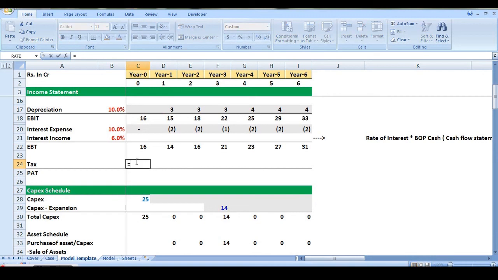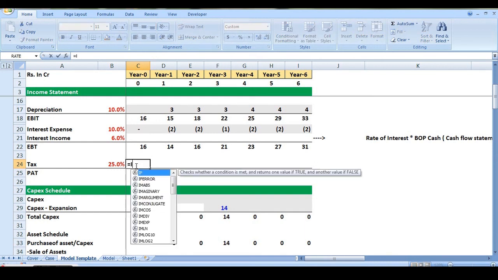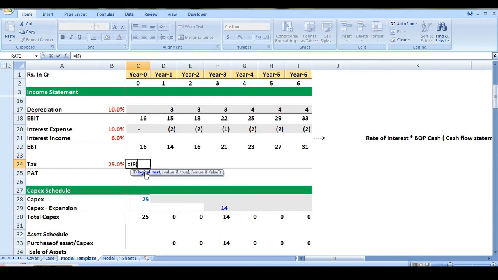And now we calculate tax. Whenever you are calculating tax, instead of calculating the tax simply from the percentage given, which is 25% in this case, use the IF function so that if these values change and go negative, it will give us an appropriate answer. The logical condition is that EBT should be above 0 when I am calculating tax.